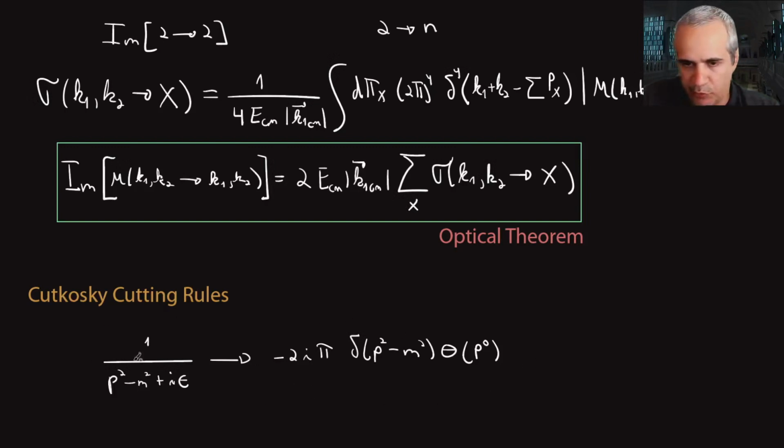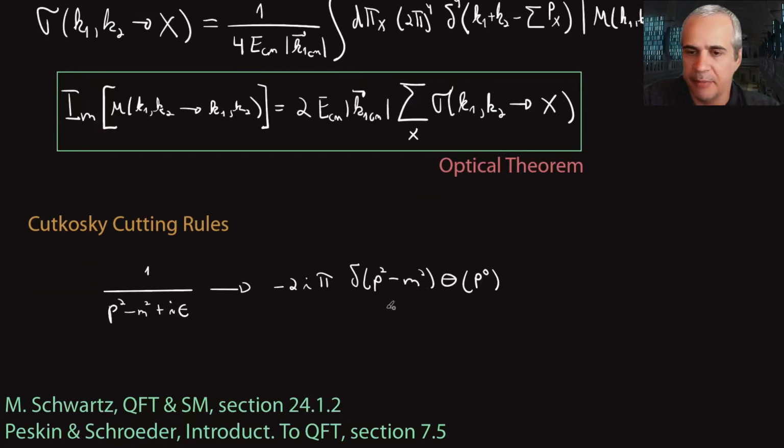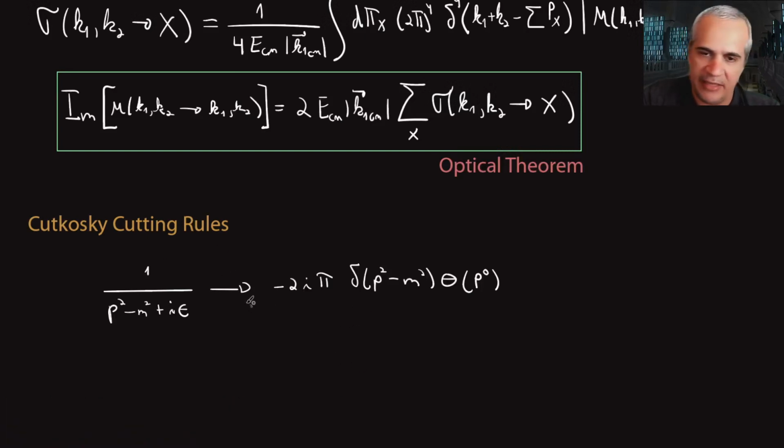I won't prove this here, but you can find it. I'll put some references in the description of the video. You can find that in Schwartz and Peskin and Schroeder's book, right? But it's quite nice, right? You can just diagrammatically cut diagrams in all ways possible and get the imaginary part directly, right?